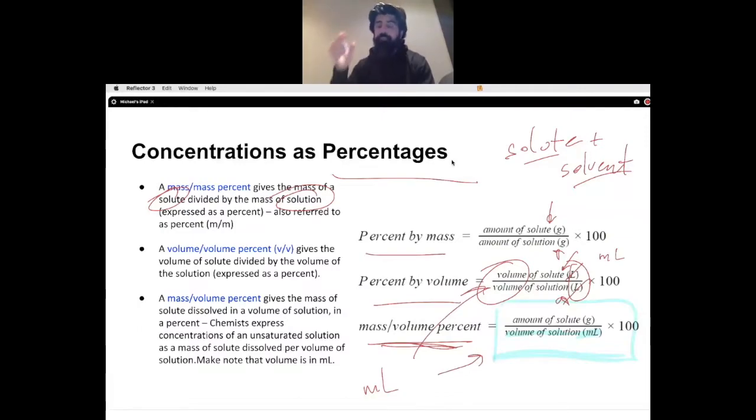But anyhow, milliliters is one of the most commonly used units when we're calculating volume. One of the reasons for that is that when you're looking at a graduated cylinder, the cylinder in which you measure your volume is in milliliter units. So that's the reason.